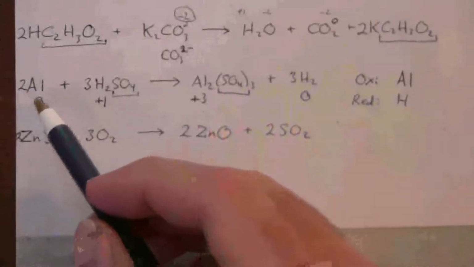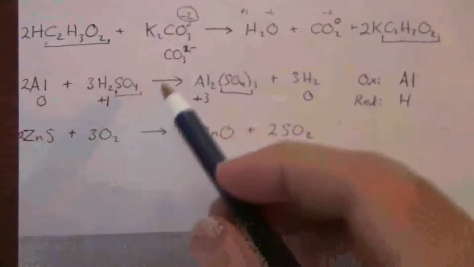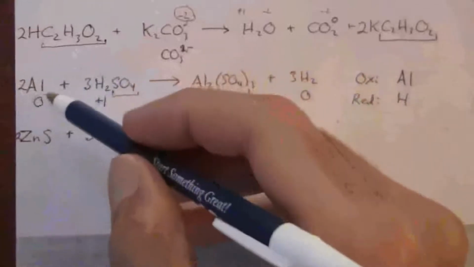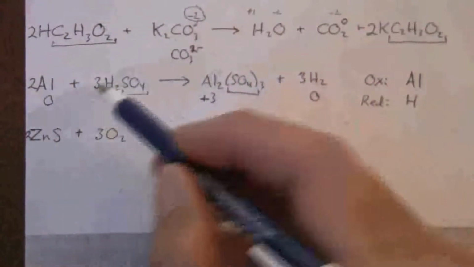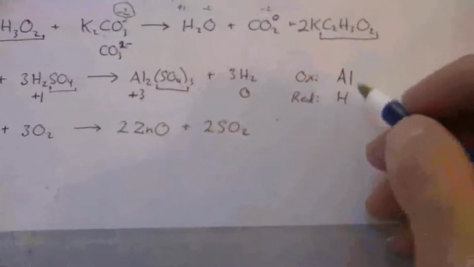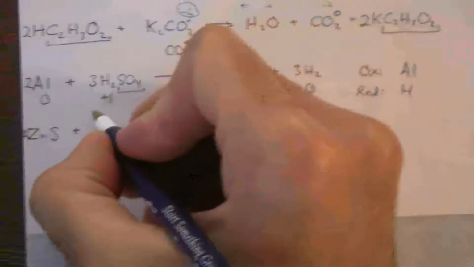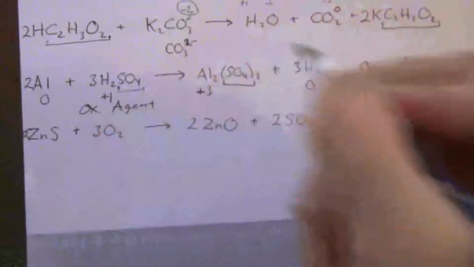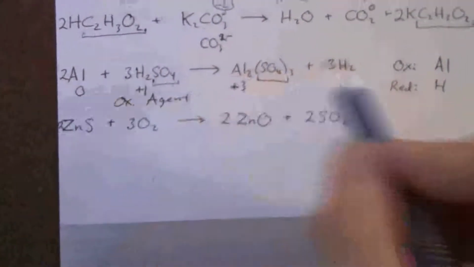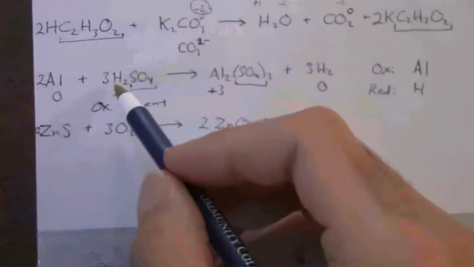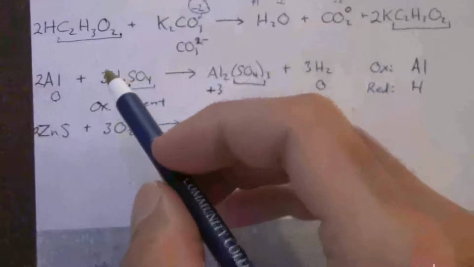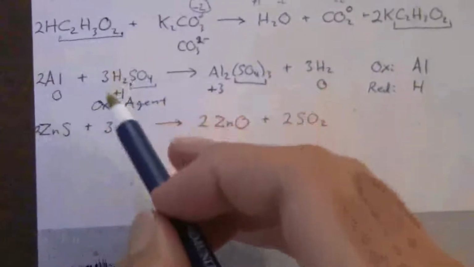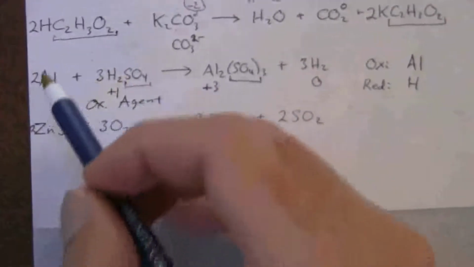If the aluminum is oxidized, then the agent is what we combined with the aluminum to oxidize it. That would be my sulfuric acid. This is my oxidizing agent, and the hydrogen is reduced. So the reducing agent is what I combined with the hydrogen-containing compound in order to reduce it.